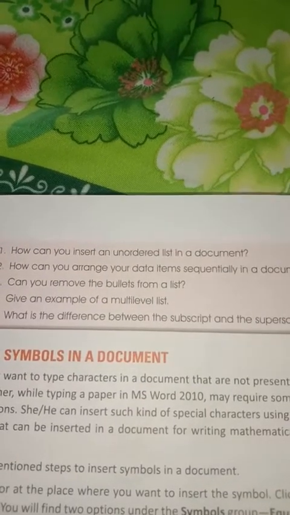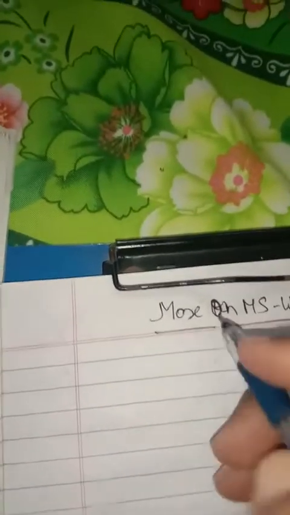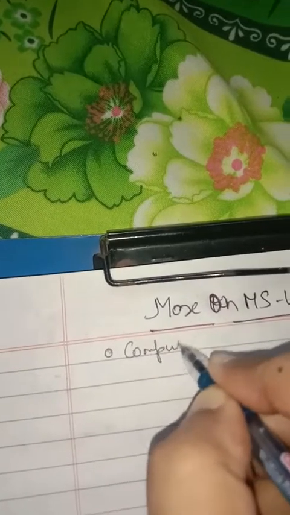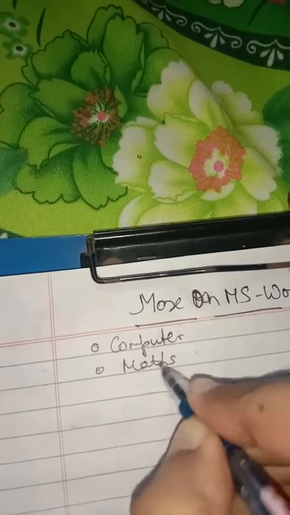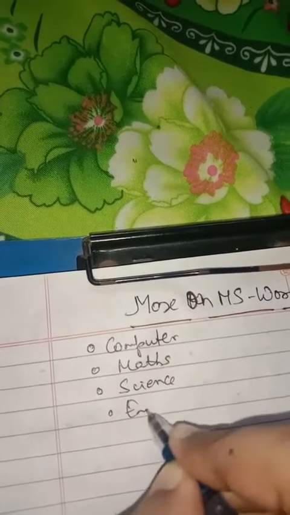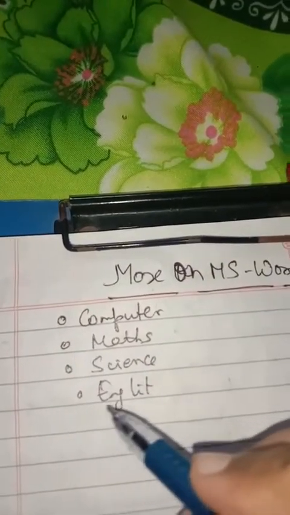Third, how can you remove a bullet from a list? Suppose I have written here the use of bullets on different subjects: computer, maths, science, English literature, etc. So these are the bullets that I have applied on the topic.